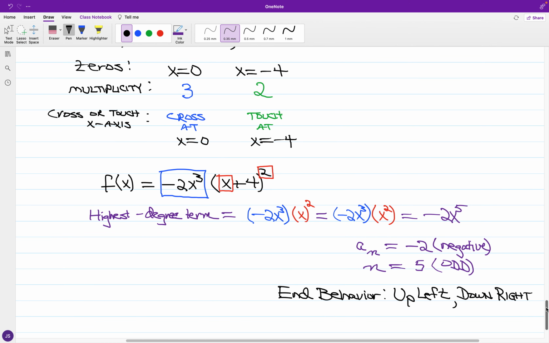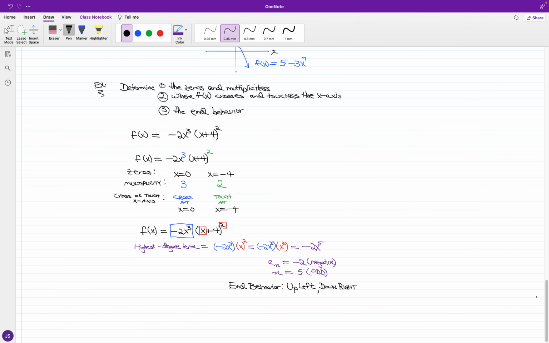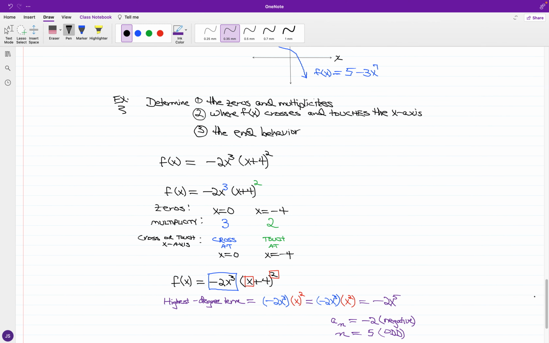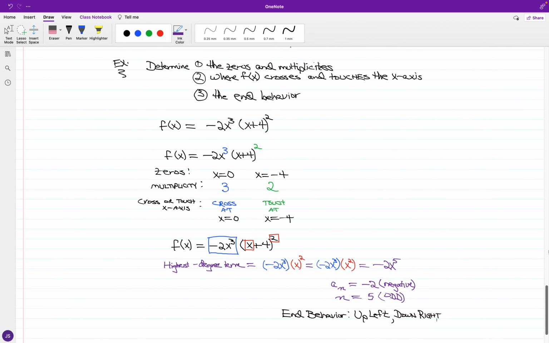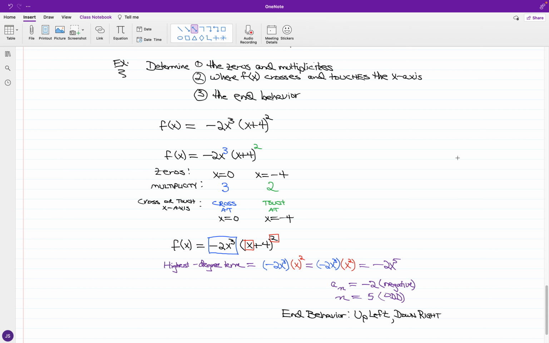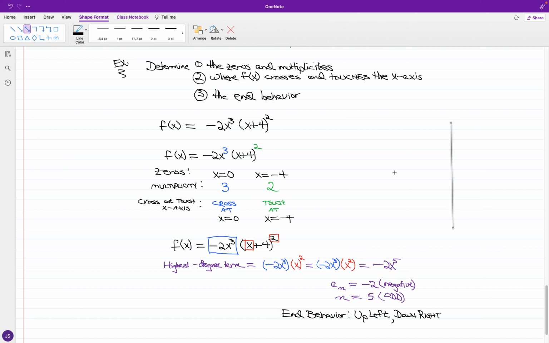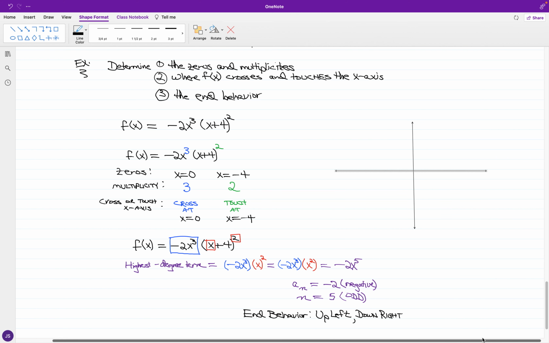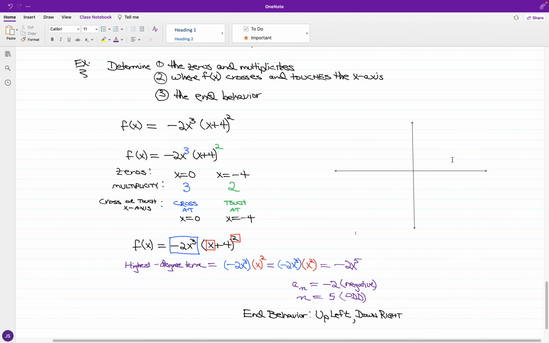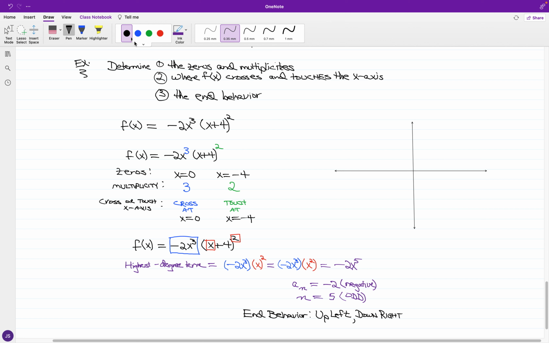All right. So just looking at tying the elements together. If I were to graph this particular polynomial function, I'm going to utilize the zeros and the end behaviors.